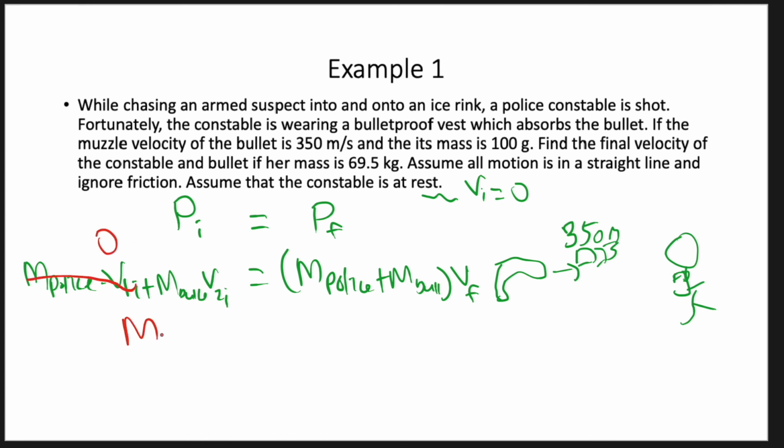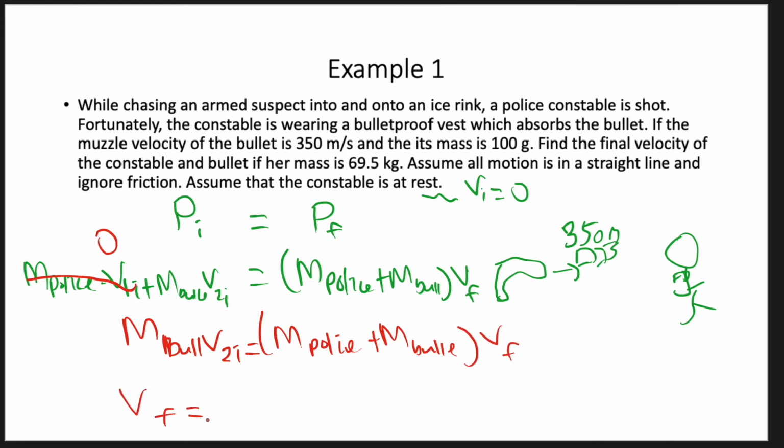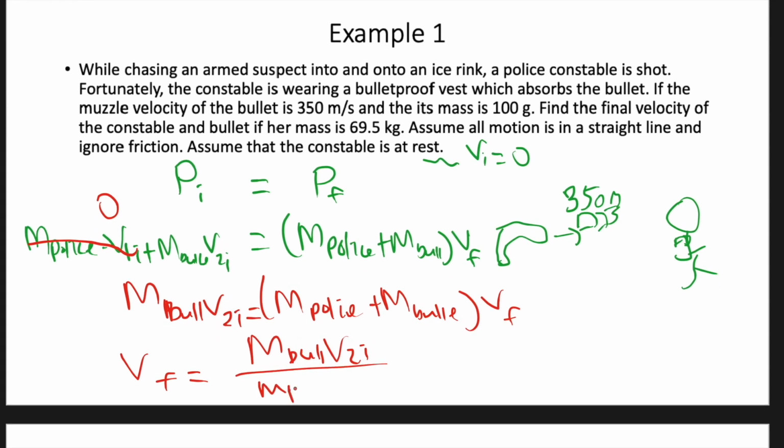So we have bullet times v2i equal to police plus bullet times vf. So vf is going to be equal to bullet times v2i over police plus bullet.